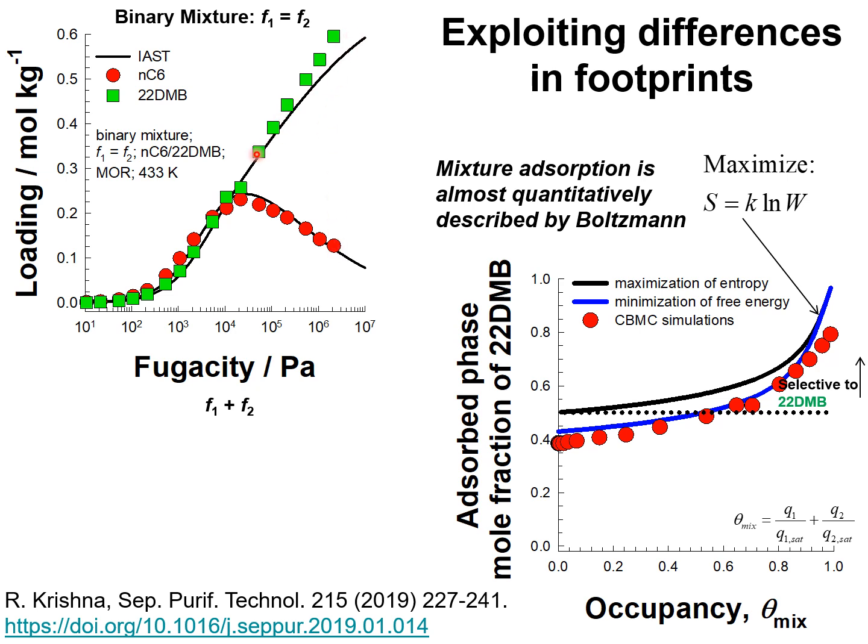The continuous solid lines are the IAST calculations of mixture adsorption using the unary isotherm data for the two components.